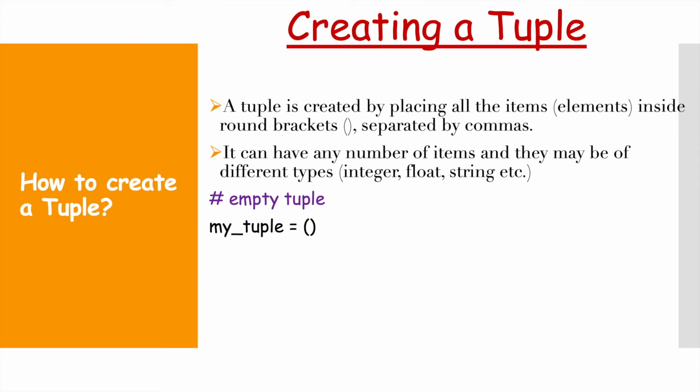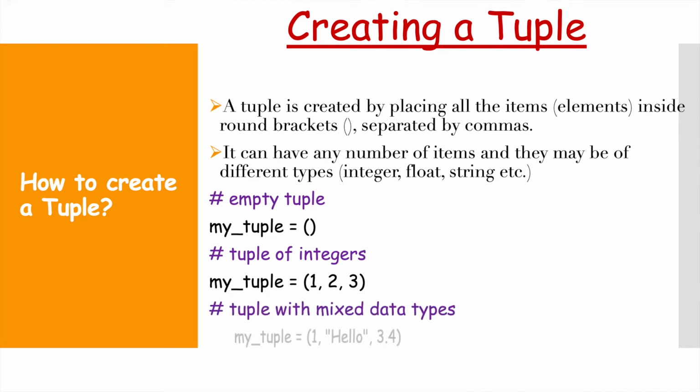This is going to create an empty tuple for you. This is an example of a tuple of integers. You give the tuple name and within the rounded brackets you provide the integer values separated by commas. You are going to get a tuple of integers. And this is the example of a tuple with mixed data types where your elements are a string, a float, an integer and so on.